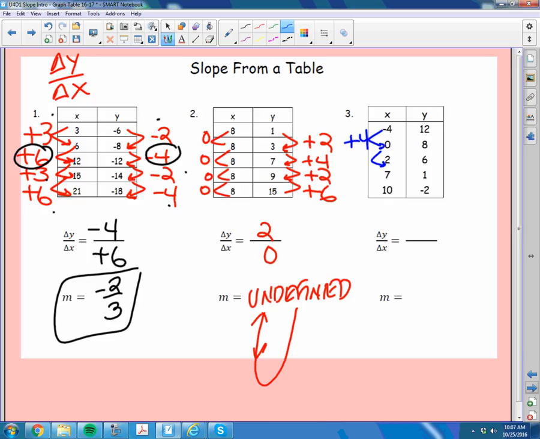Be careful when you're doing the changes that you're thinking about them on a number line. It'll help you avoid any mistake with positives and negatives.